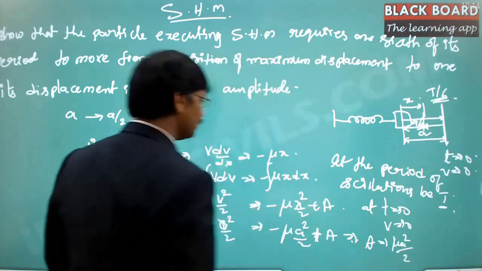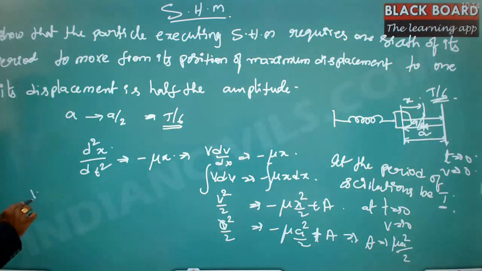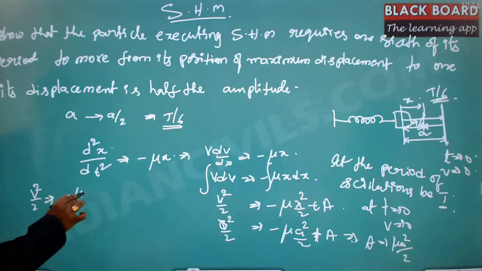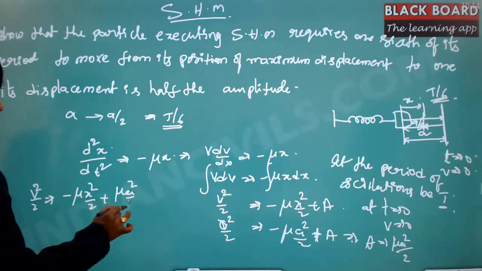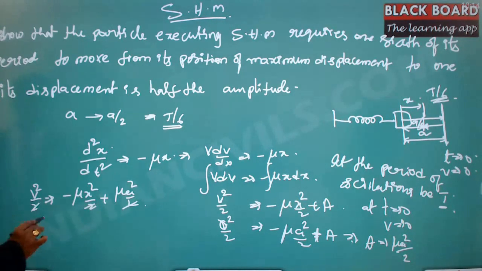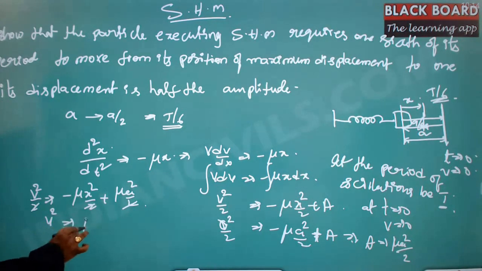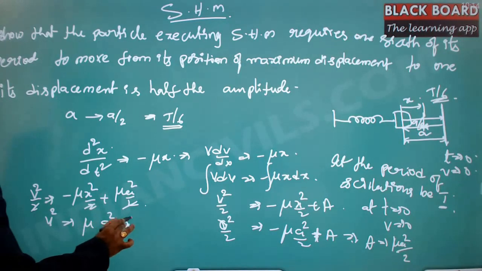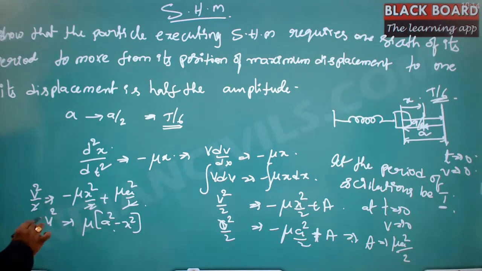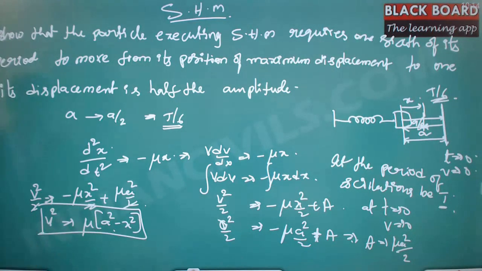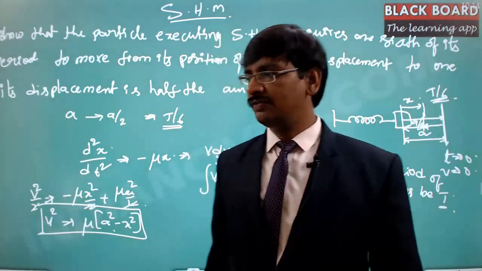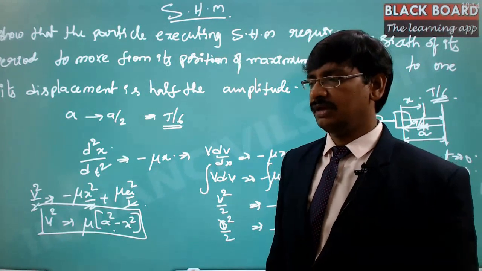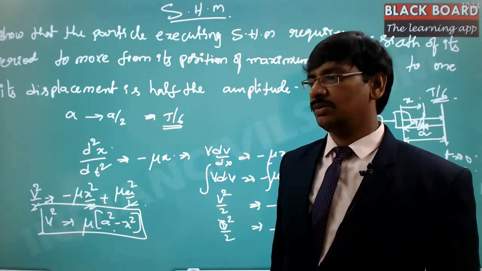Substituting, v square by 2 is equal to minus mu x square by 2 plus mu a square by 2. V square is equal to mu times a square minus x square. This gives a relation between the value of x and v.